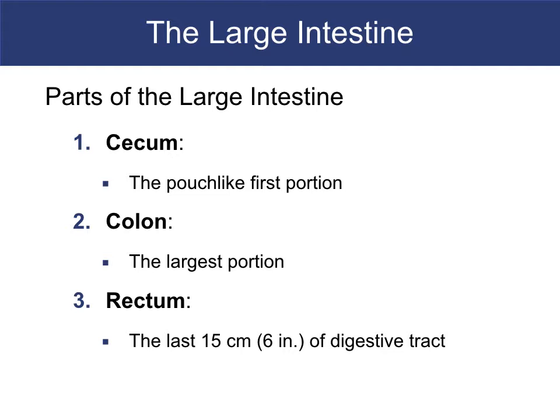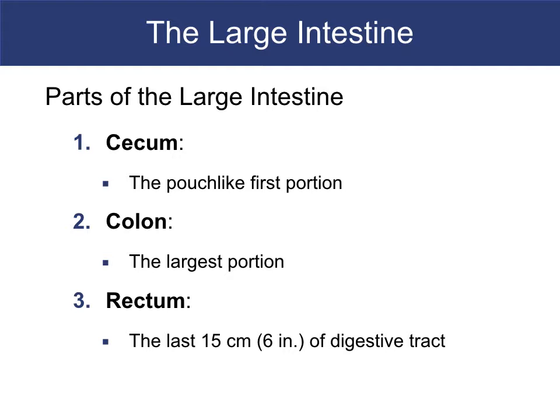And by the time it gets over here, the stool is starting to become somewhat solid. And then it enters into this loopy part here, which is called the sigmoid colon. It's called the sigmoid colon because it's shaped like an S. And sigmoid is the Greek letter, I think, for S, right? You Greeks in the crowd. And then finally, it kind of leaves out of the peritoneum right down here.